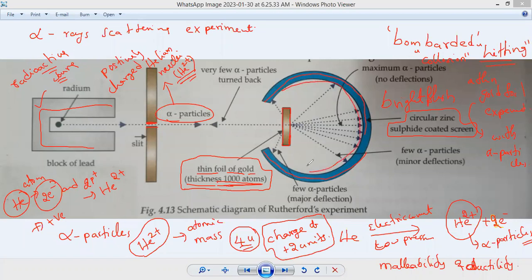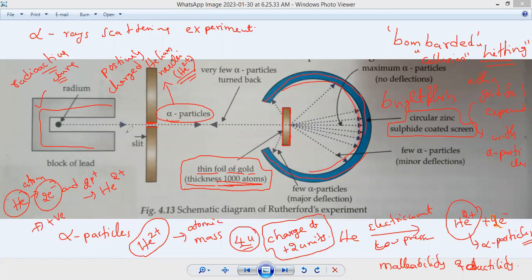Here he observed a bright flash on a circular screen coated with zinc sulfide due to the scattering of alpha particles. The alpha particles coming from the gold foil, the resultant alpha particles, are scattering the light. What do you mean by scattering? Splitting the light into all directions.